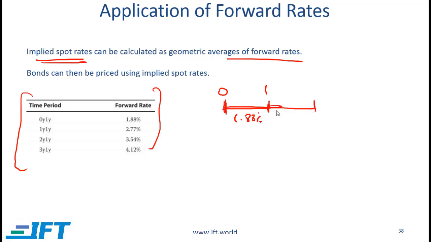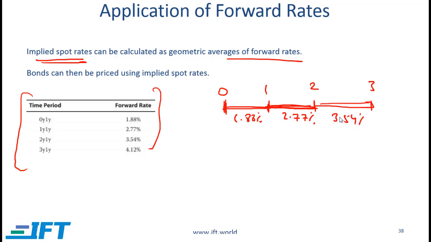What does 1y mean? So that is after 1 year, the interest rate for 1 year. So the interest rate for this period, this is a forward rate, this is 2.77%. And then 2y, 1y means that this period. So after 2 years, the interest rate for one period is 3.54%.